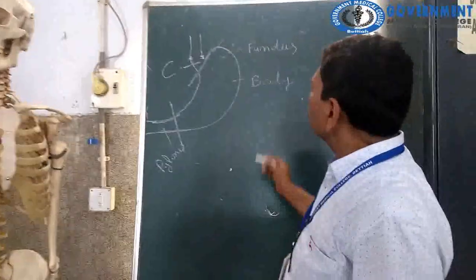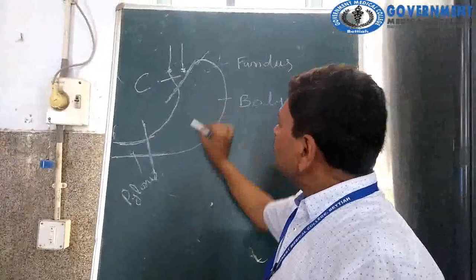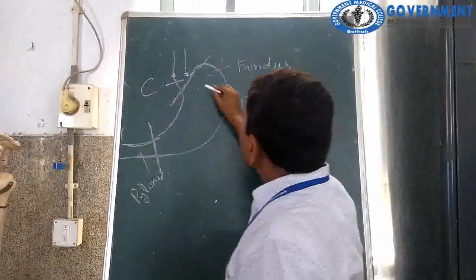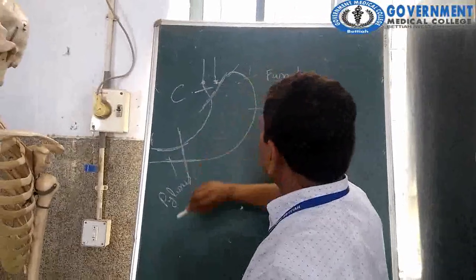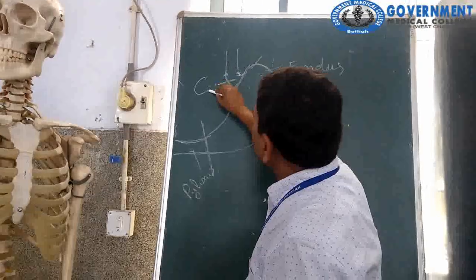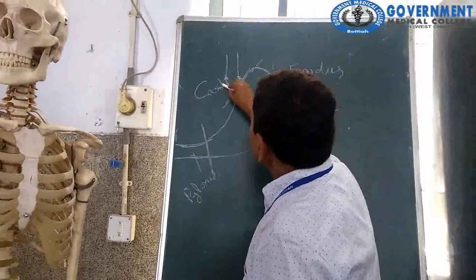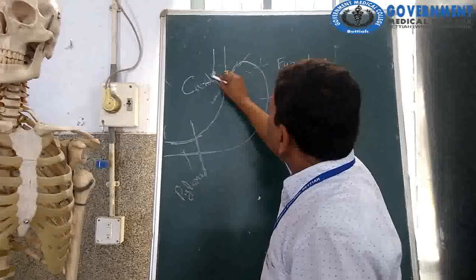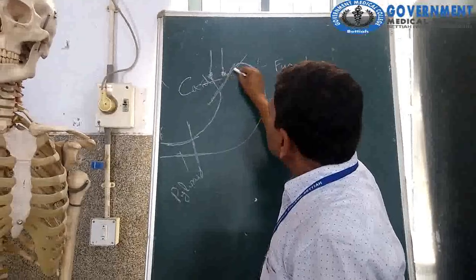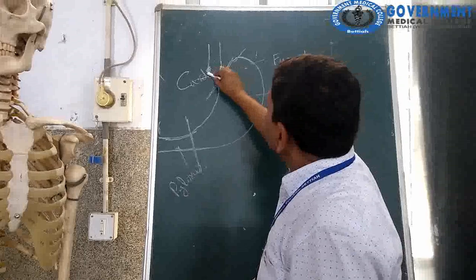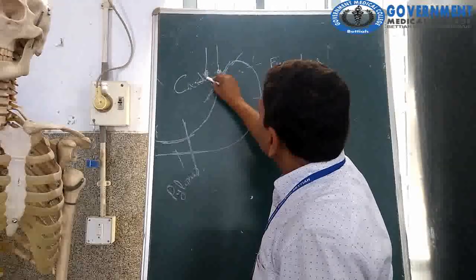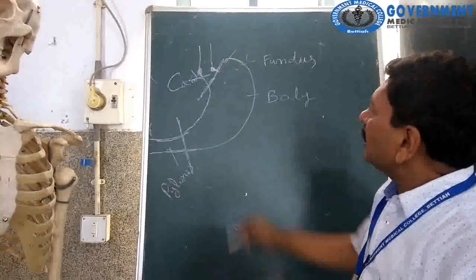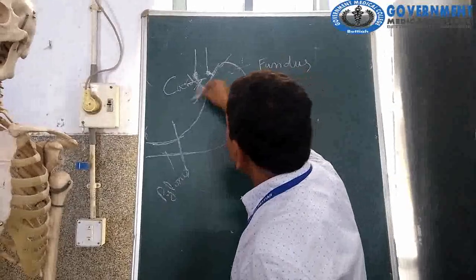Today I am going to discuss the histological picture of the stomach. Histologically, the stomach is divided into three parts. First is the cardiac part. The cardiac part is an area of the stomach which is 2 to 3 centimeters from the cardiac orifice.